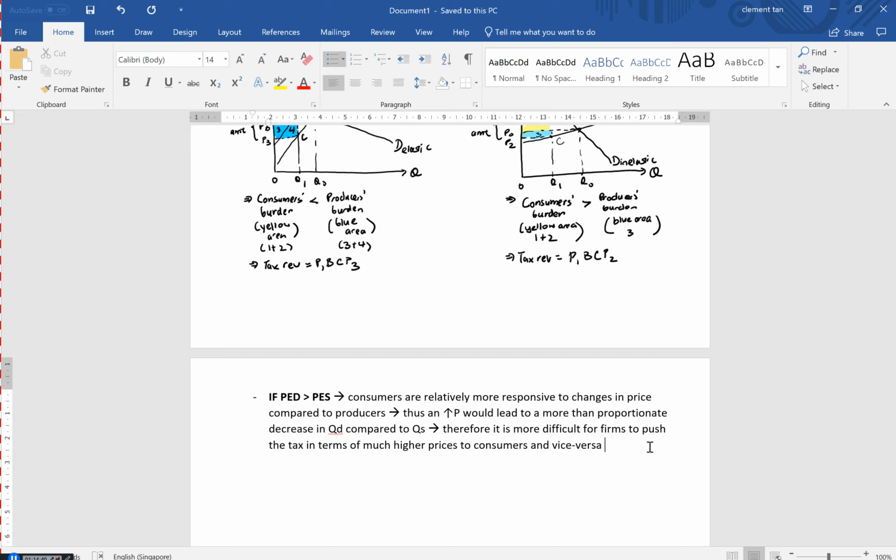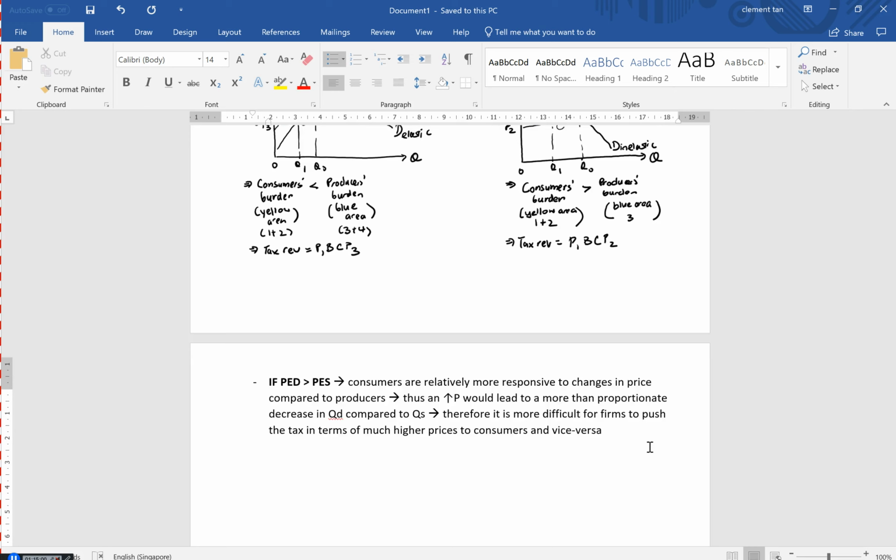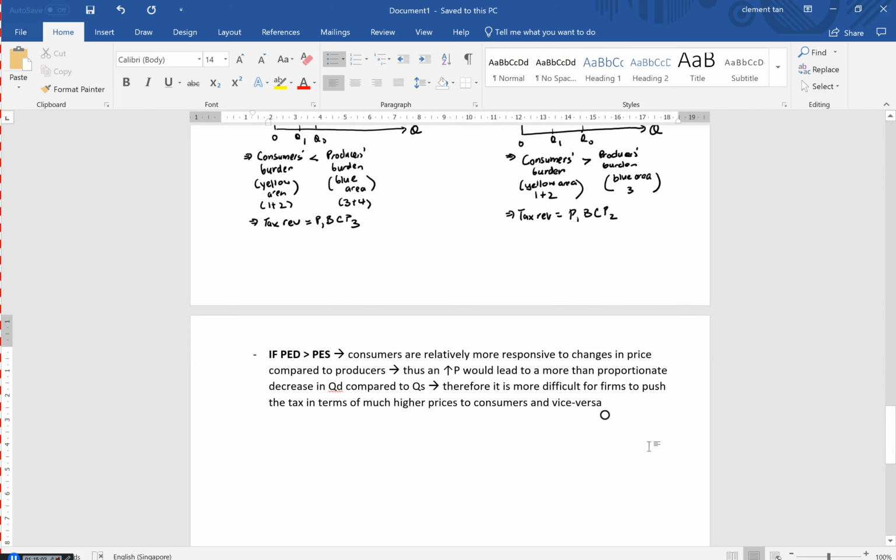Just wash your face, then come back, we go for subsidy, okay? Go and walk around.